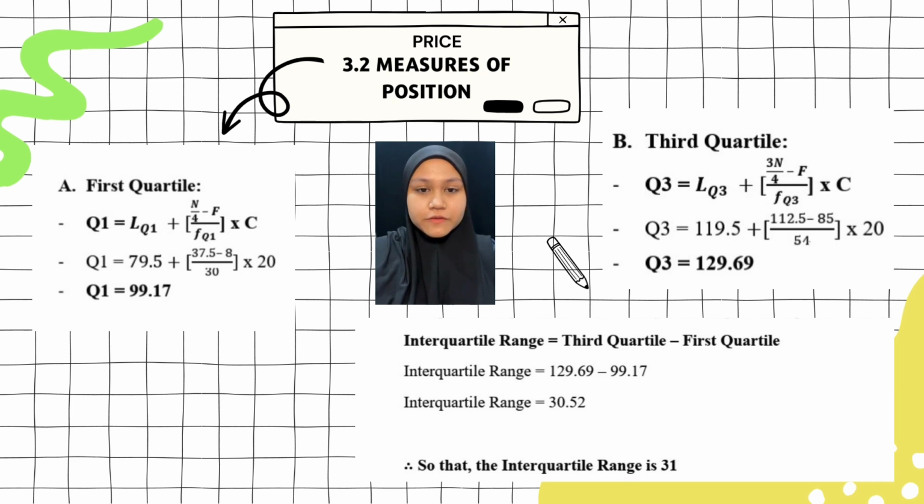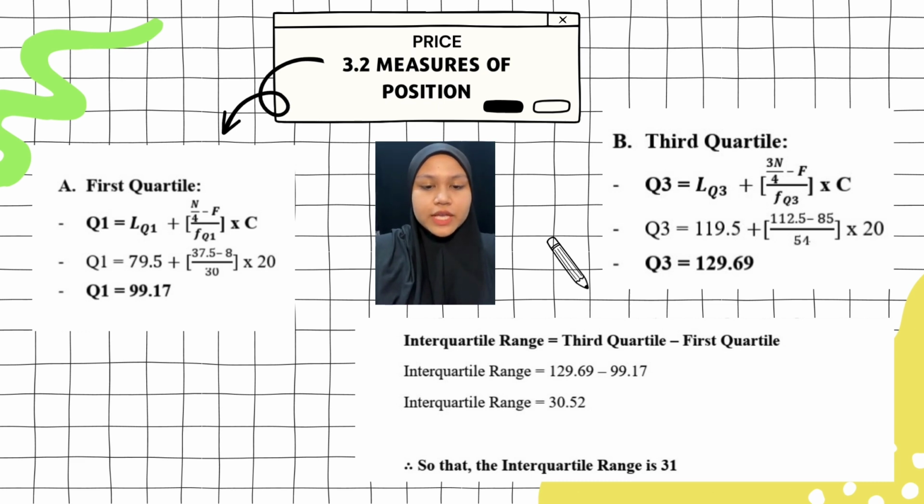The position of the first quartile is located at class interval 80 until 99 by observing the value of cumulative frequency, while the position of the third quartile is located at class interval 120 until 139 by observing the value of cumulative frequency. The answer of first quartile is 99.17 and the third quartile is 129.69 respectively.